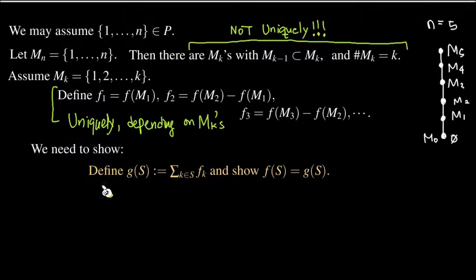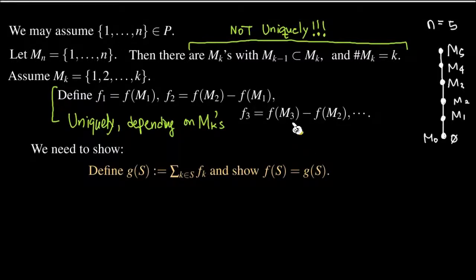For example, I'm claiming that if S is one of those Mk, then these two values are equal to each other. That doesn't use any induction or anything. It's purely simply the way G is defined. So I'm going to start from here. I think one example will convince you that it's true.